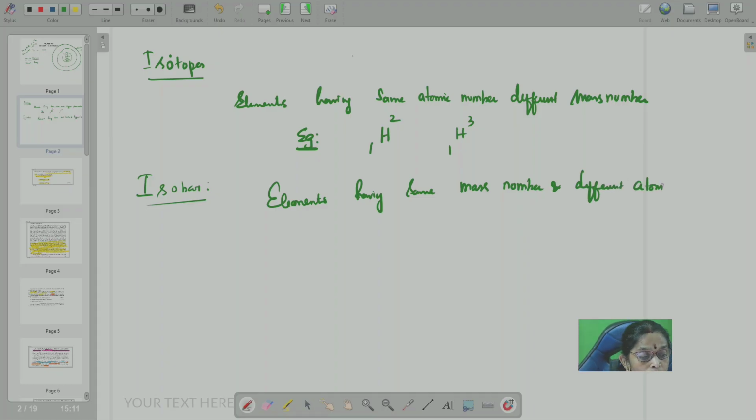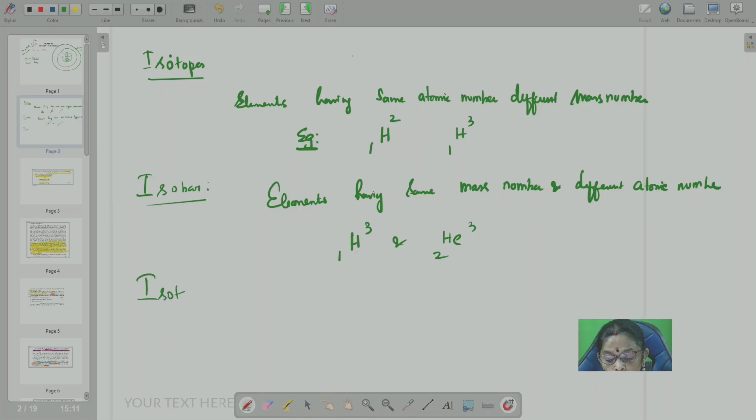Same mass number, different atomic number. So I can take H13 and He23. Isotope of hydrogen, isotope of helium, same mass number, different atomic number.